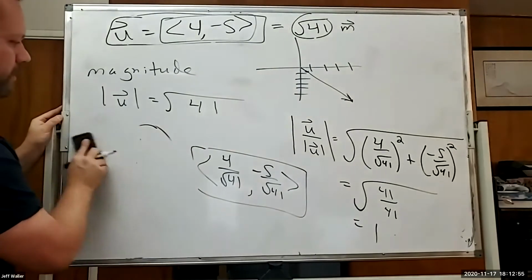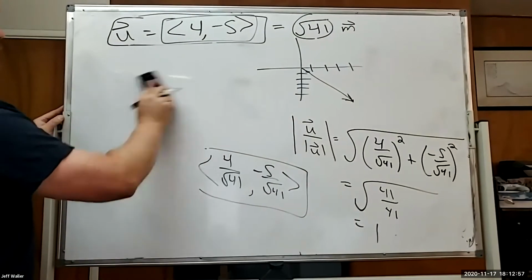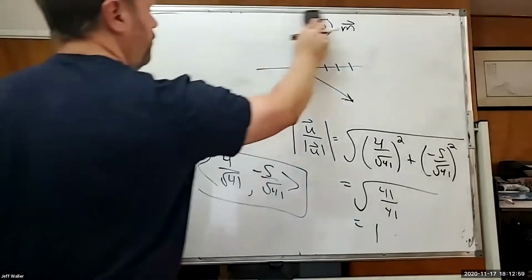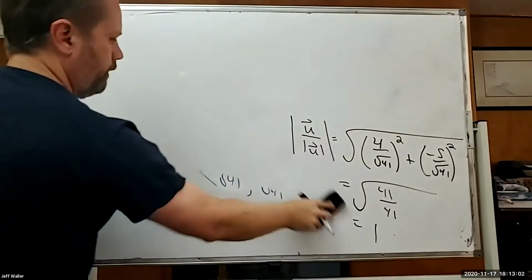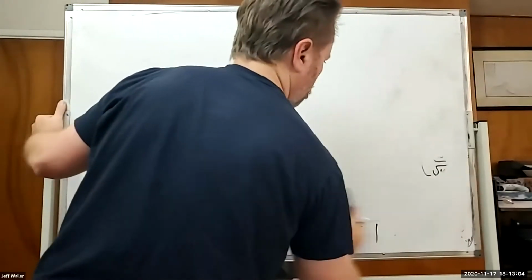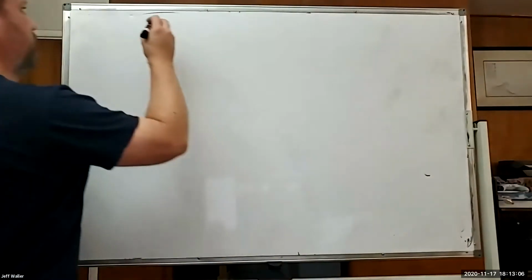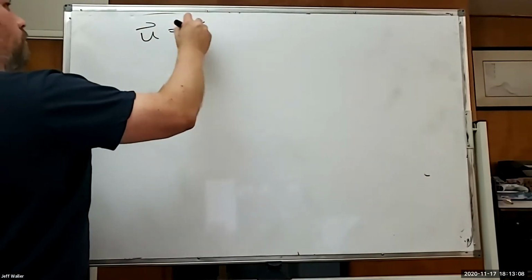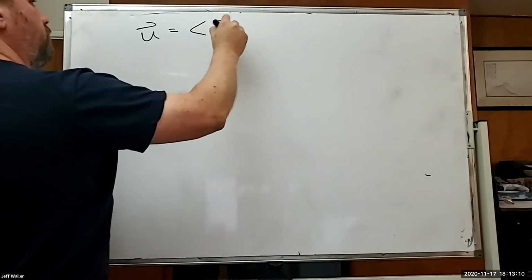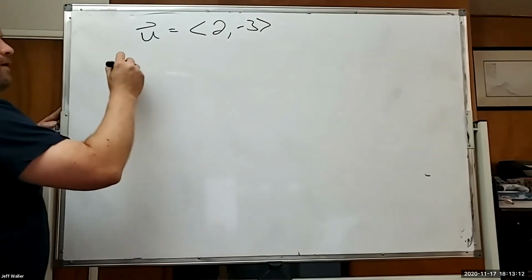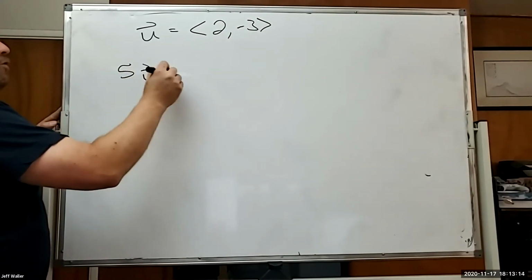There's a little something inherent in a couple of things I've done. Let me make it really, really explicit. If I have this vector, what do you got, Jeff? 2, -3, sure. What is 5u?